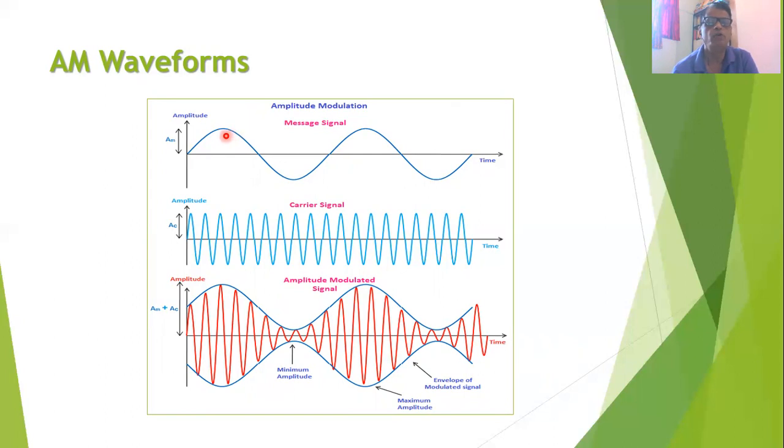When the modulating signal has a high peak amplitude, the modulated signal will also have a high peak amplitude. When the modulating signal amplitude goes on decreasing, the modulated signal amplitude also goes on decreasing. So this amplitude is called the maximum amplitude, and this amplitude is called the minimum amplitude.